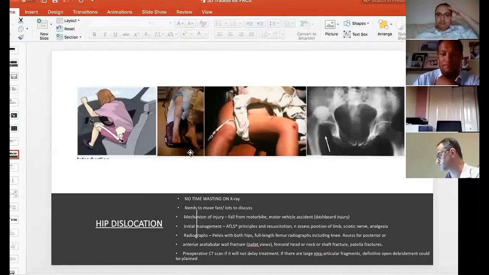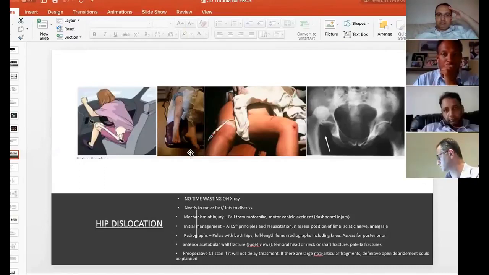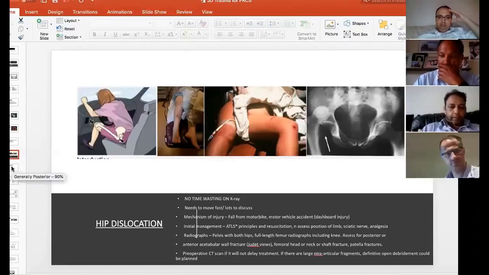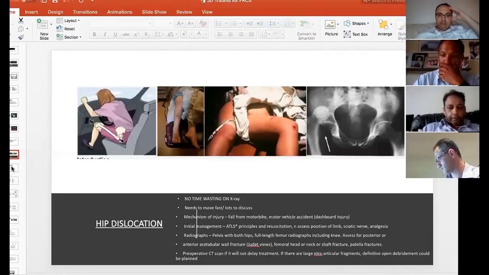Before going on to radiographs, you can comment on the position of the limb, and that can tell you whether it's anterior or posterior. 90% of the time, if it comes in the exam, it is a posterior dislocation. On the X-rays, you need to comment on three things: any loose fragment, any concomitant head fracture, or ipsilateral shaft fracture, and the dislocation.